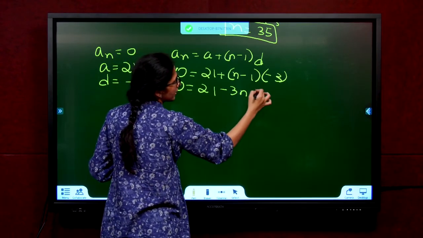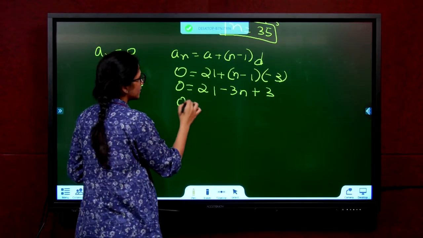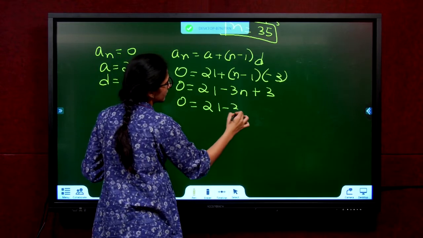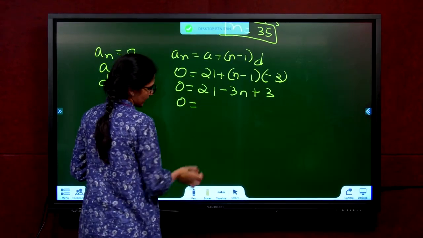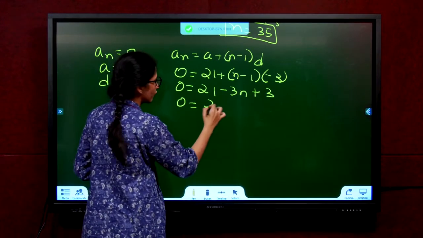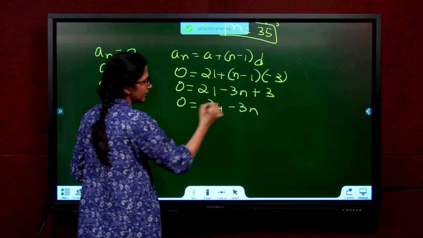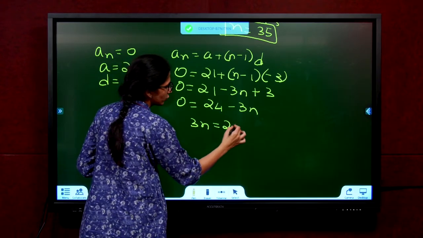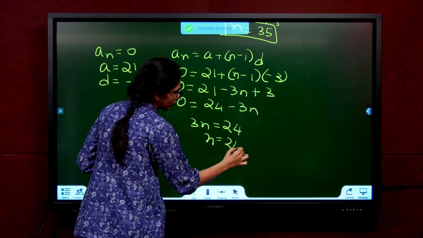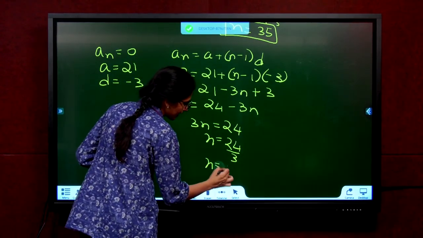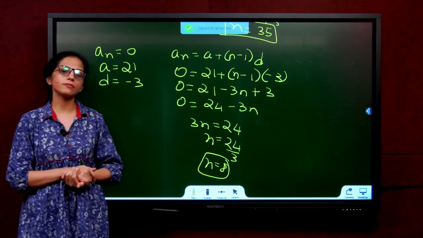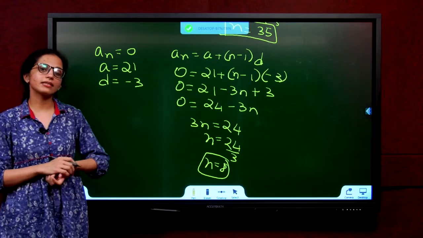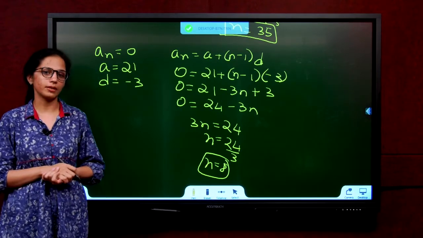Minus 3 into minus 1, plus 3. 0 is equal to 21 minus 3n. 21 plus 3, 24, minus 3n. Send minus 3n this side. 3n is equal to 24. n equals 24 by 3. n equals 8. That means the 8th term is 0. Yes, it is possible since we got n is greater than or equal to 1.